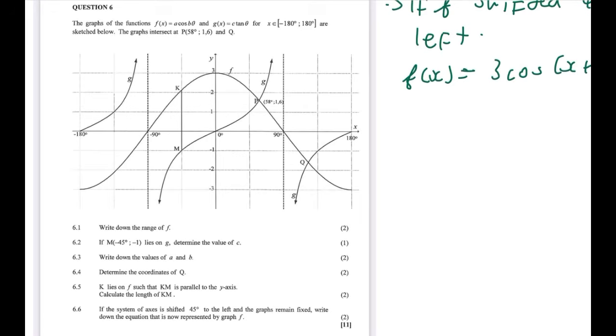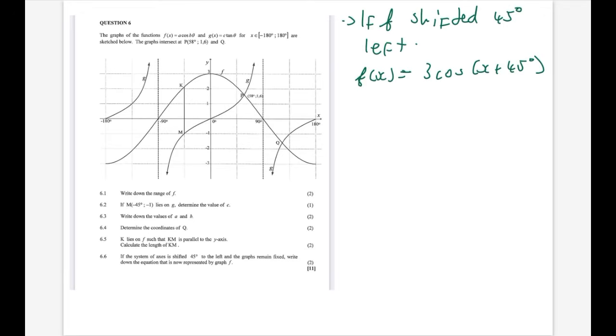It's the same thing. Give it a thought and try to imagine if we shifted these axes to the left, it would be the same as the graph being shifted to the right.